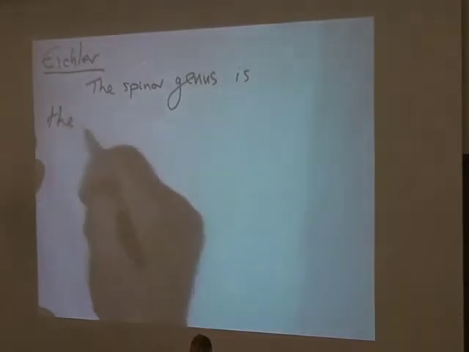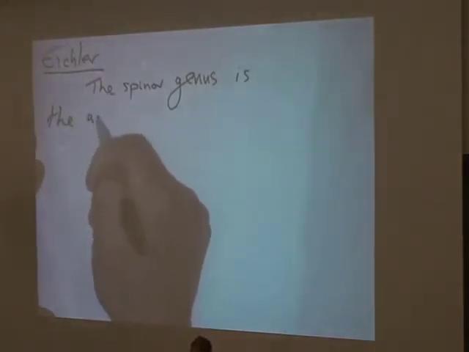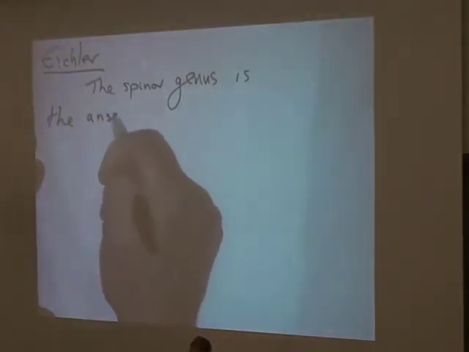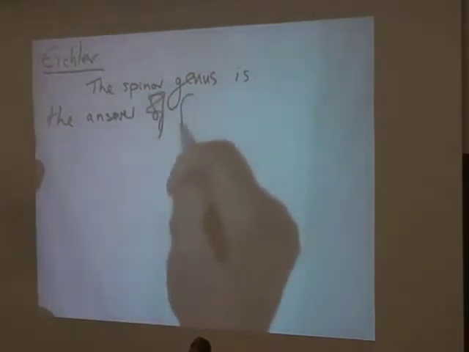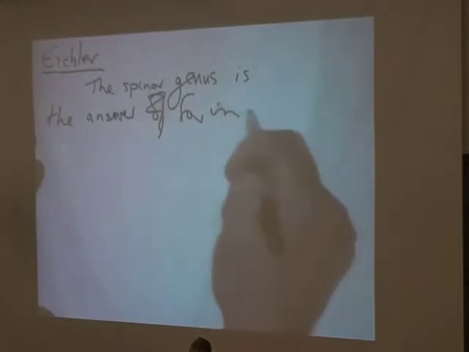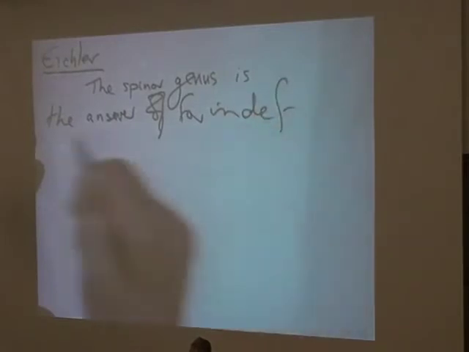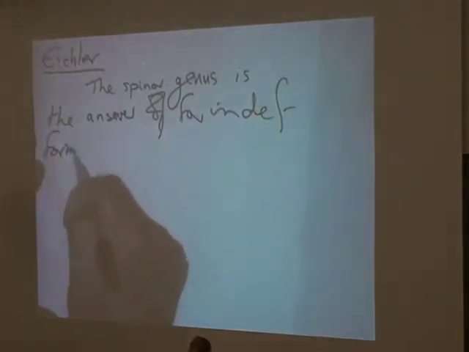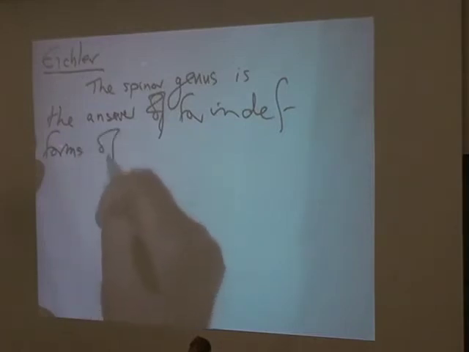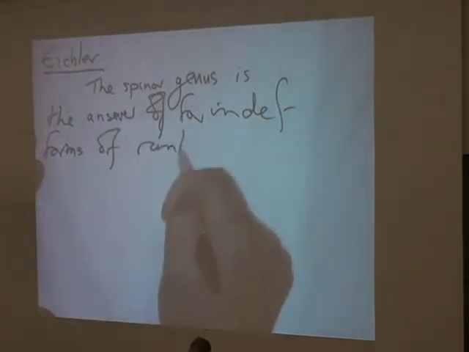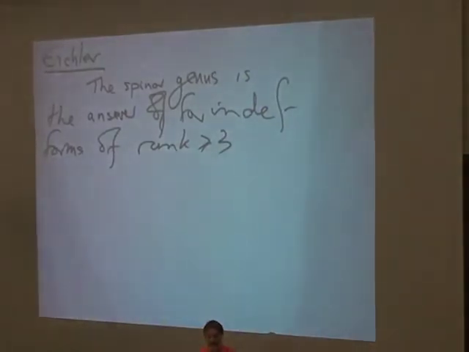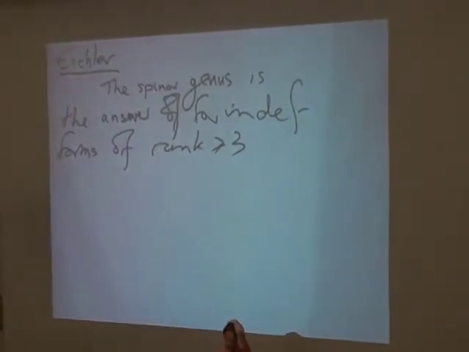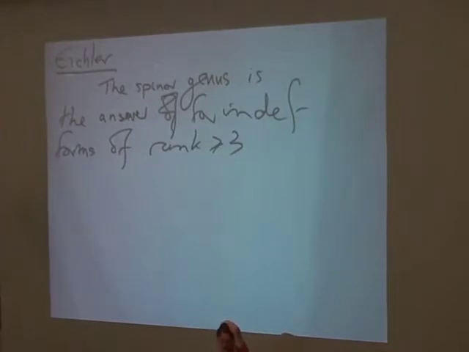That's to say, it's equivalent to the class answer for indefinite forms. Well, they usually say it's indefinite forms of rank at least 3. And rank is really the dimension as far as we're concerned, because we're not allowing the things to be singular, just because they're not interesting.